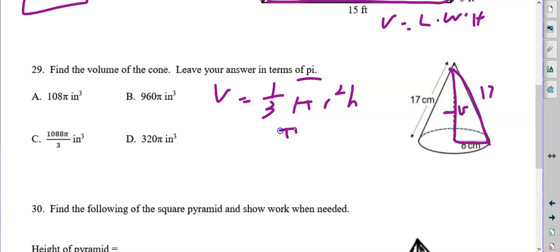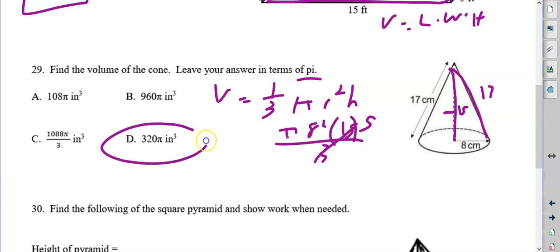So basically you're doing pi r squared, and what was that r again? 8. 8 squared times the height divided by 3. You can type this in your calculator, 8 squared times 15 divided by 3, or 3 goes into 15 5 times, so now you have 64 times 5, which is 320. It said leave in terms of pi, so that's 320 pi.